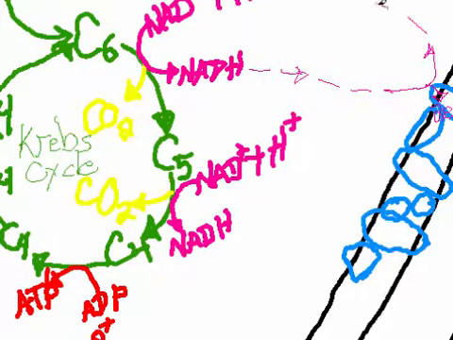And when it did, it turned right back into NAD plus and H plus. These guys are electron transport molecules. They're going to transport the electrons. It's going to give an electron to this one, to this one, to this one, and so on. We're just going to pass it down.